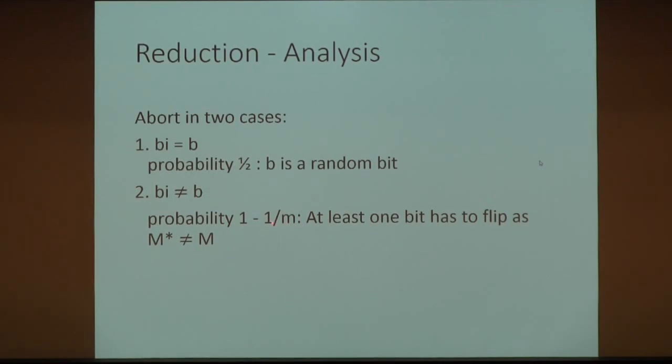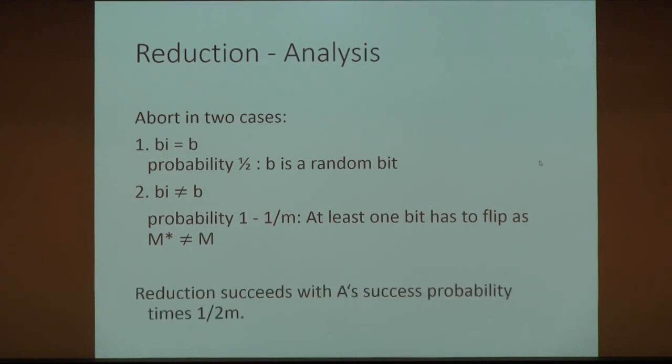So with probability 1/m, he will have flipped exactly this bit. And so in total, the reduction succeeds with the success probability times 1/(2m), which is kind of tight. So we only have a small loss in the reduction.